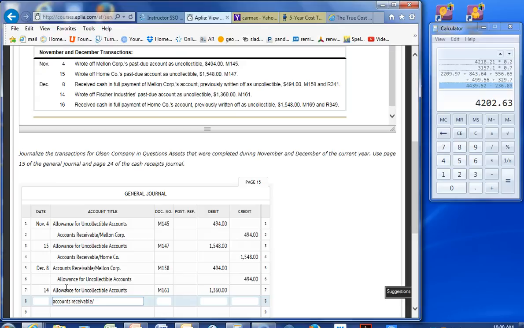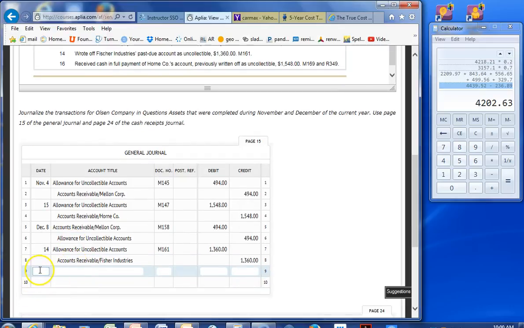What did I spell wrong? Oh. Okay, they spelled it wrong in the book. That's frustrating. Industry. 1360. Well, how do you get it right when they spell it wrong and they count us off for stuff?